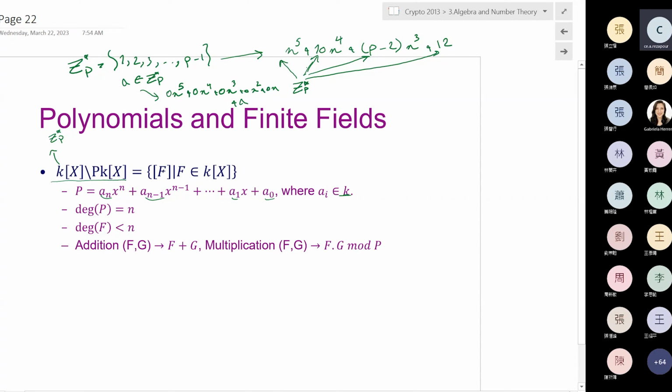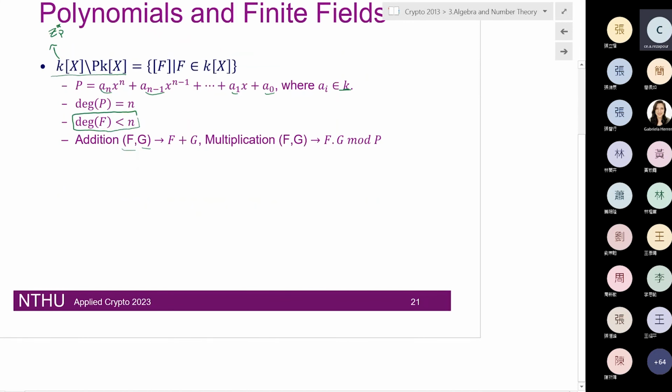So if you divide all the polynomials by this polynomial p, the remainder would always have a degree less than n. So all these polynomials that you would end up having would have a degree less than n. Now, given that, if you take two polynomials from this set, you can do addition and multiplication modular p. Let's see what I mean by that.